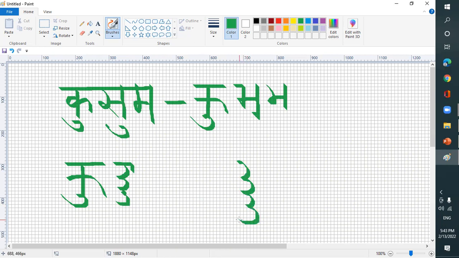There is nothing wrong, but to make it beautiful and more perfect, when Ta is written below, the first one is written smaller and the other one is written normal. This is how I was trying to do here. This is very small and this is normal. So this is Kutta.